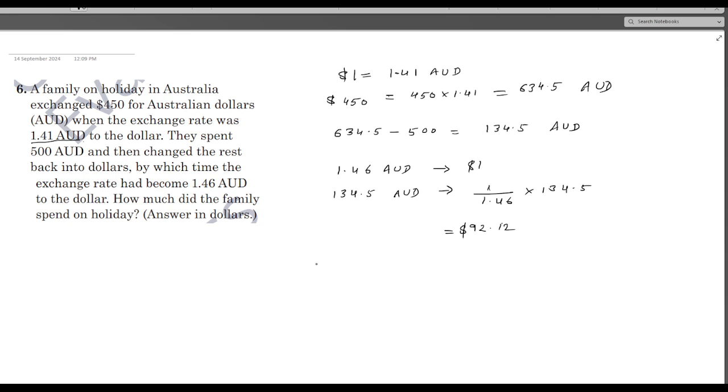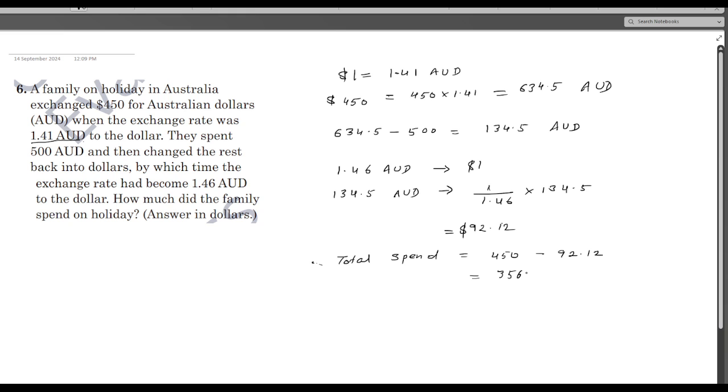So therefore total spend is, initially you have $450 and finally you have 92.12 remaining. So 450 minus 92.12 gives you 357.86.